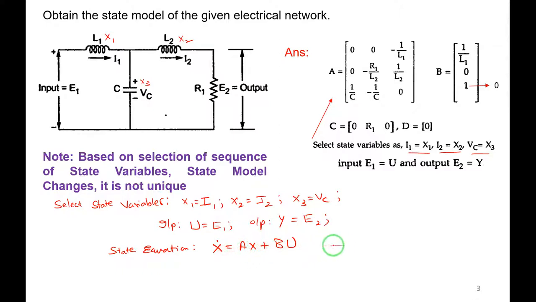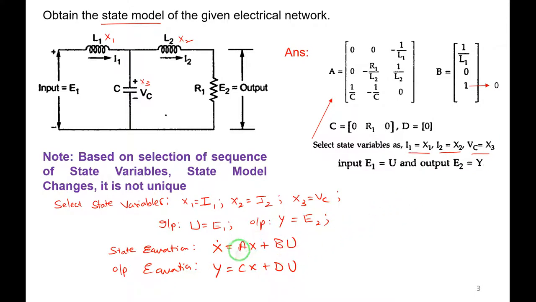They are all functions of time only, right? So Ax plus Bu. Then the output equation: y is equal to Cx plus Du. So these two equations form the state model. Whenever it is asked to obtain the state model, you have to get the state equation as well as the output equation both, right? Okay, this is the state model.